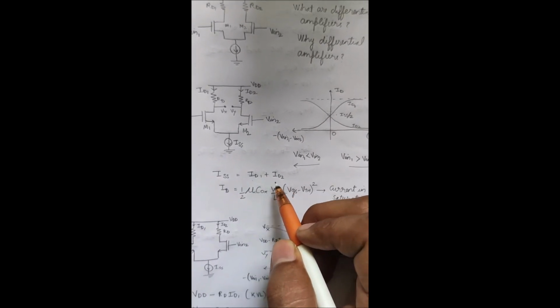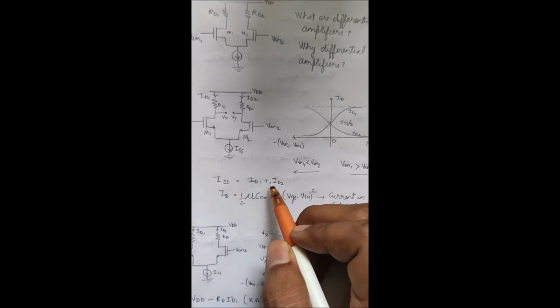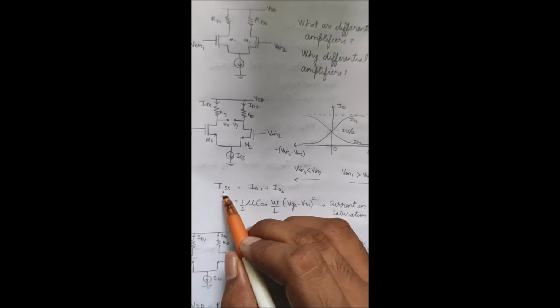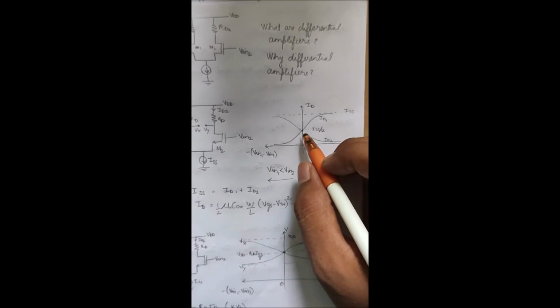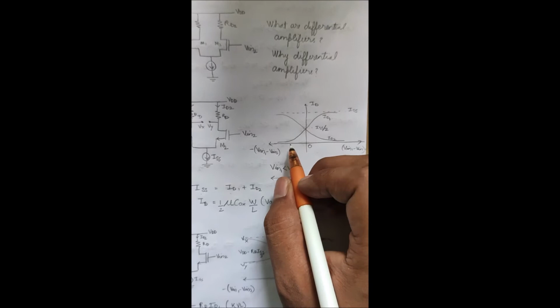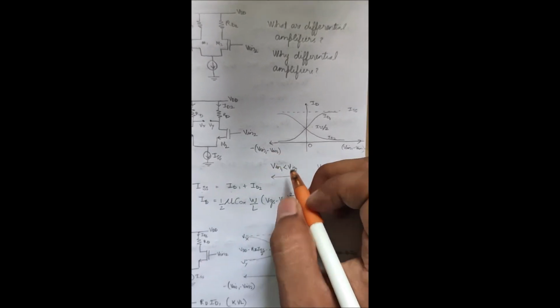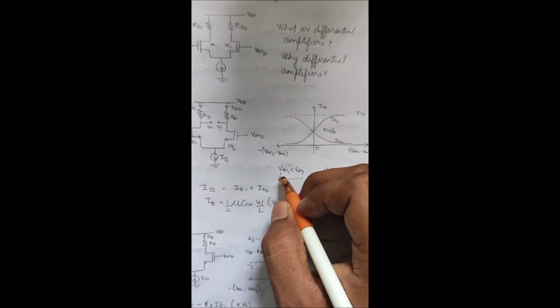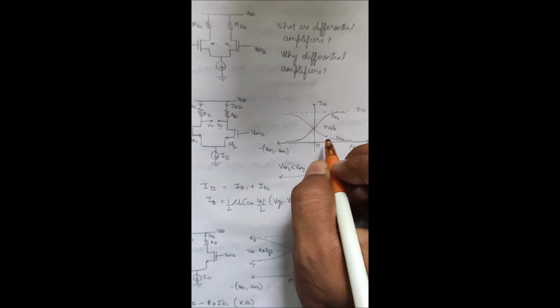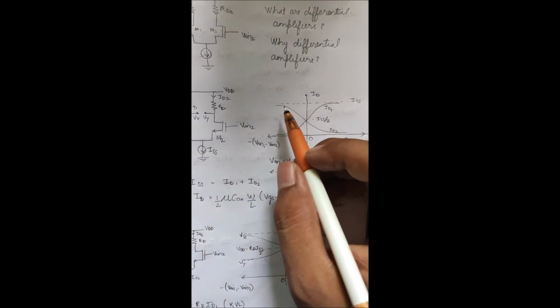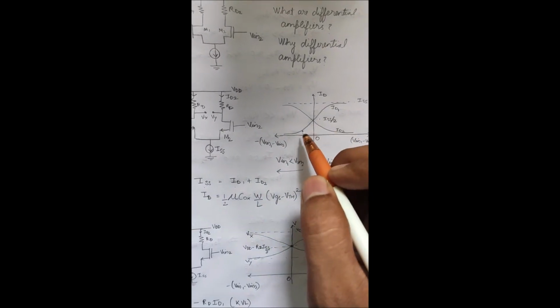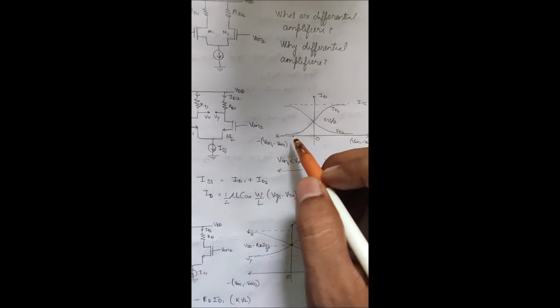So if ID2 is equal to 0, then ID1 will be almost equal to ISS. That is why at the extreme of this axis, when VN1 is very much greater than VN2, ID1 will approach ISS. Similarly, in this part of the coordinate, if VN2 is very much greater than VN1, the ID2 curve will approach ISS and the ID1 curve will approach 0, right?